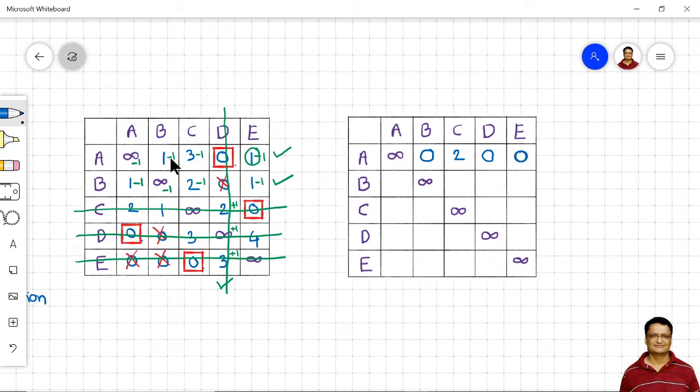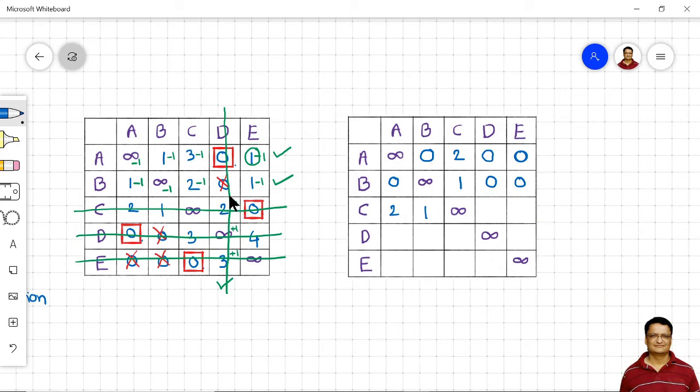Again in the second row, 1 minus 1 will become 0, 2 minus 1 will become 1, 0 will remain 0 because we are not changing the values which are covered by the lines, and 1 minus 1 will become 0.